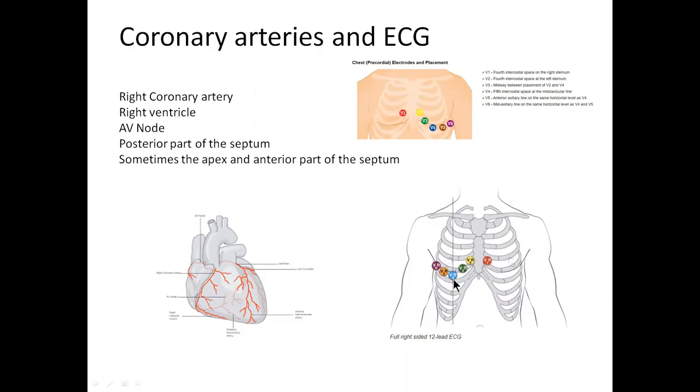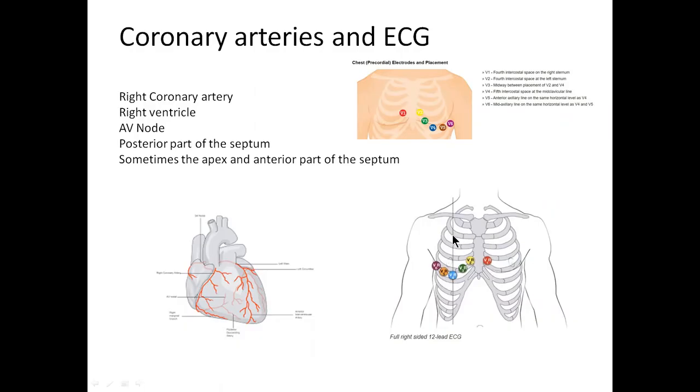Like, V4R will be at the mid-clavicular line on the 5th intercostal space, but it'll be the 5th right intercostal space, okay? And V1 will become V2 and V1R and vice versa. So if you notice, there is an R. So it'll be V1R, V2R, so on and so forth.